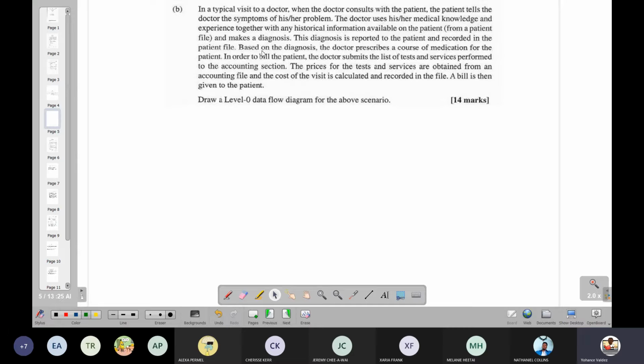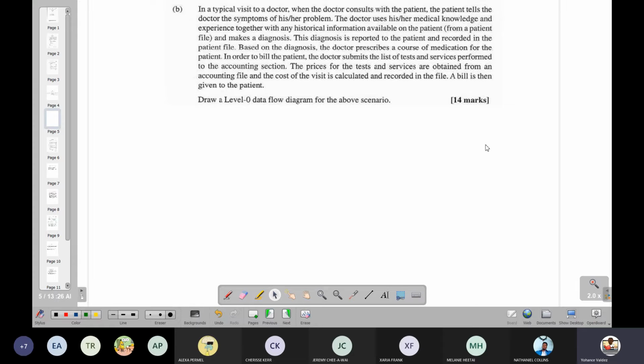The diagnosis is reported to the patient and recorded in the patient file. Based on the diagnosis, the doctor prescribes a course of medication for the patient. In order to bill the patient, the doctor submits the list of tests and services performed to the accounting section. The prices for the tests and services are obtained from the accounting file, and the cost of the visit is calculated and recorded in the file. A bill is then given to the patient.